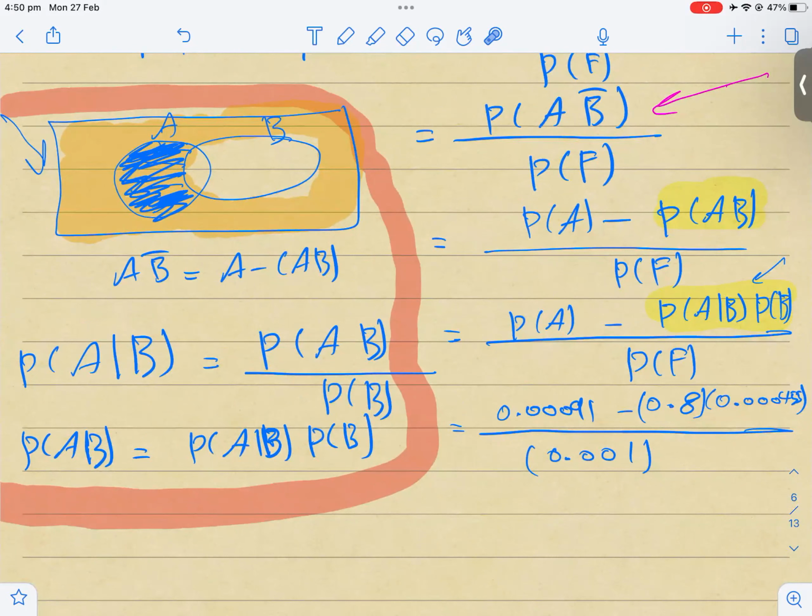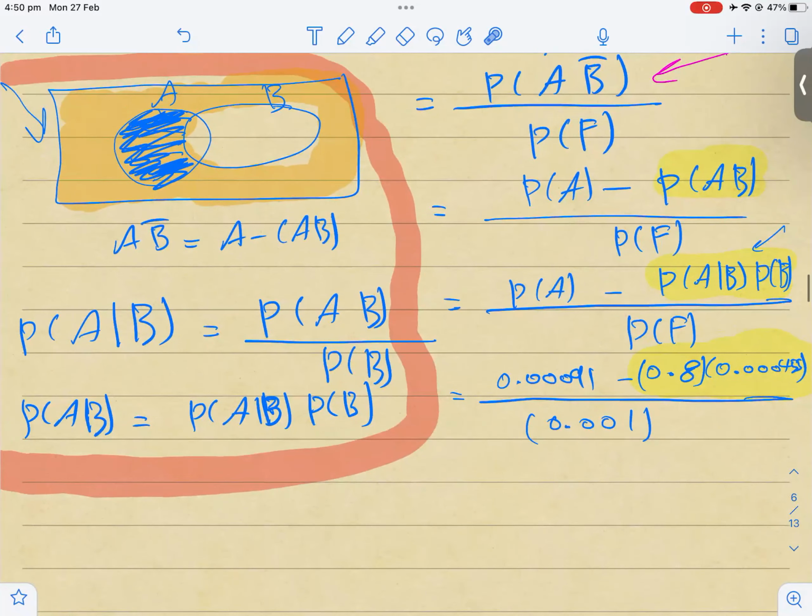It's here. Probability of F is given by the question.